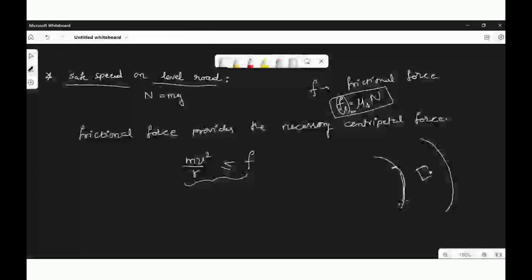Imagine a vehicle moving in this direction; the centripetal force will act in this way, yes or no? Your centripetal force should be less than or equal to the frictional force. If the centripetal force is more, what happens to the moving vehicle?